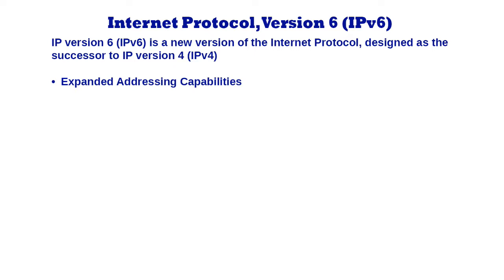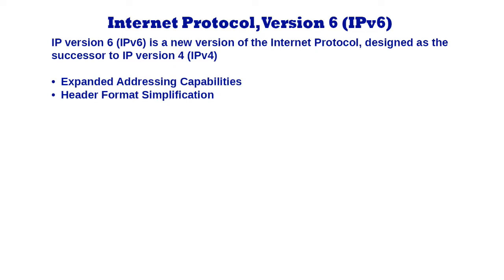The scalability of multicast routing is improved by adding a scope field to multicast addresses, and a new type of address called an anycast address is defined and is used to send a packet to any one of a group of nodes.